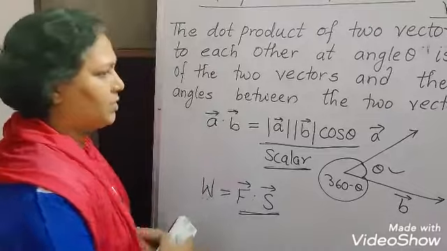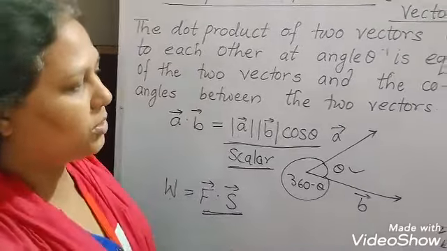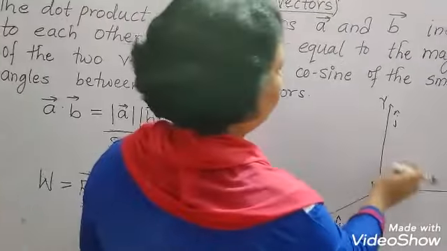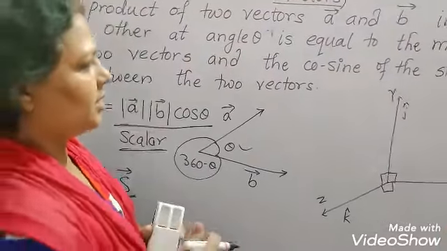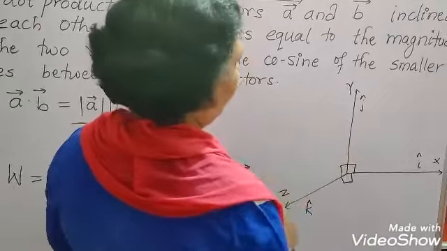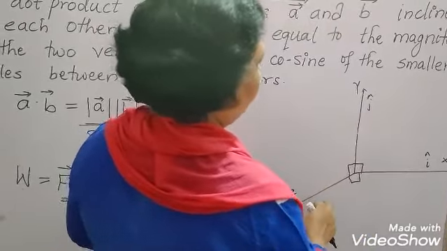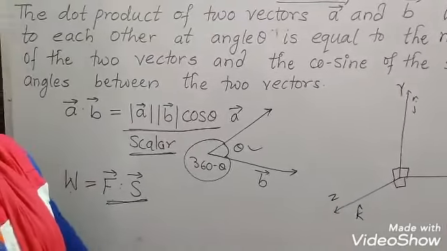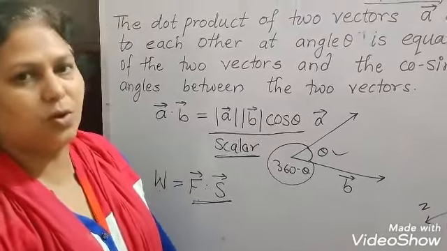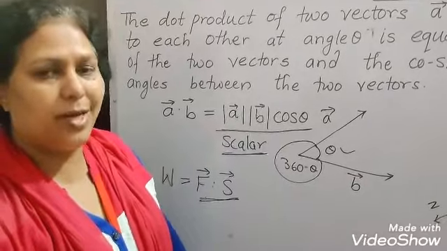Okay, now look here, when we are talking about unit vectors, you can see these unit vectors I and J, J and K, K and I, all are making a 90 degree angle with each other because all are mutually perpendicular.